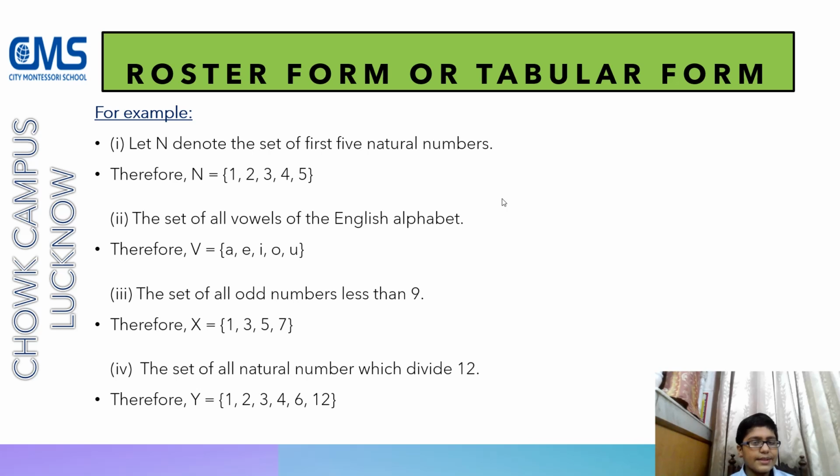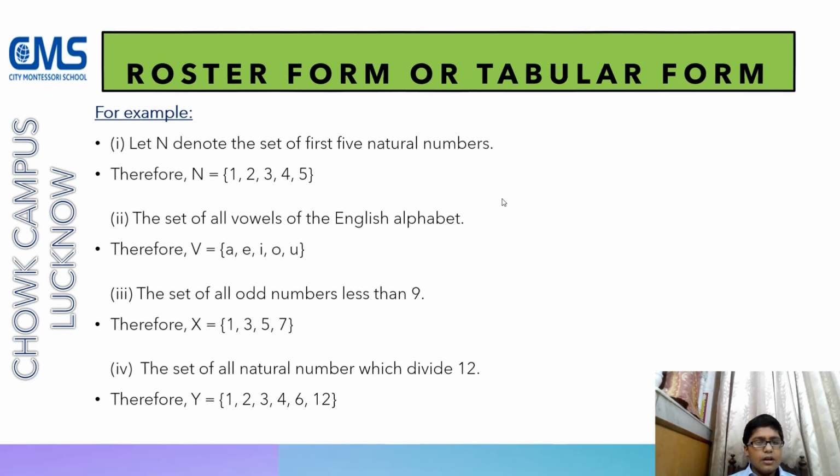Third form, the set builder form. In this, a rule or formula or statement is written within the pair of brackets so that the set is well defined. In the set builder form, all the elements of the set must possess a single property to become a member of that set. In this form of representation of a set, the element of the set is described by using a symbol x or any other variable followed by a colon.